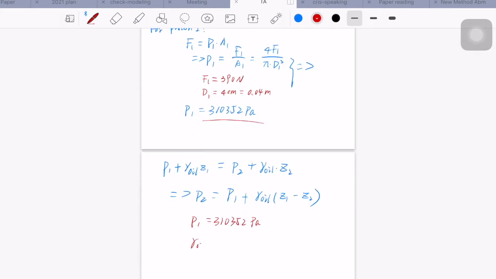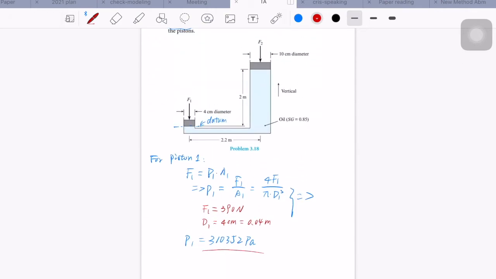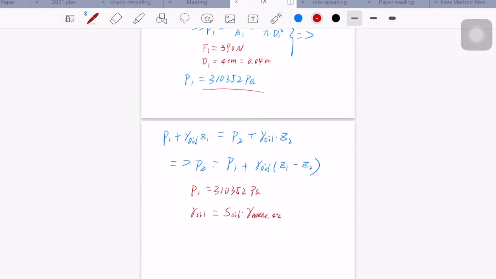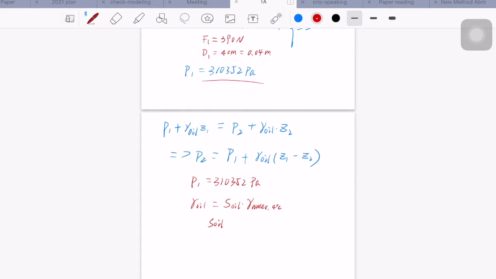And we know the gamma oil should be equal to the specific gravity of oil times the gamma water at the 4 °C. And from the figure, we know the specific gravity of oil is 0.85. And we know the gamma water at 4 °C is 9807 Newton per cubic meter. We can find this value online on the appendix table.